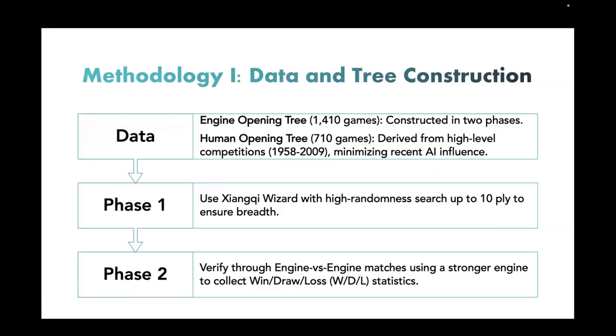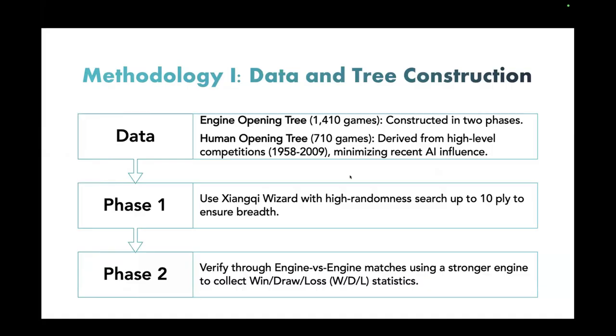Our comparison is based on two datasets: the human opening tree representing classical strategies and our self-constructed agent opening tree. The core purpose of building this AI tree was precisely to evaluate the feasibility of using AI to generate a high-quality opening library.